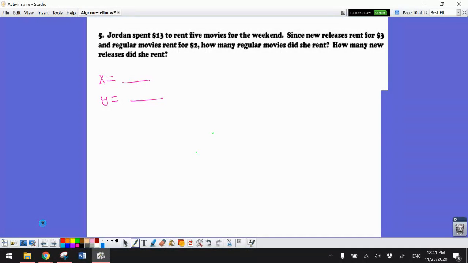Well, I see new and I see regular. So I have 2 types of movies, regular movies and new movies. And new comes first, so new is going to be X. And then I see that I have money, money, money, and those have to go together. So 3x plus 2y equals 13. That's my first equation.